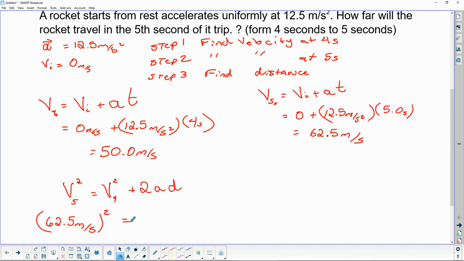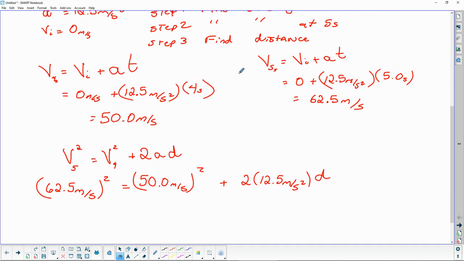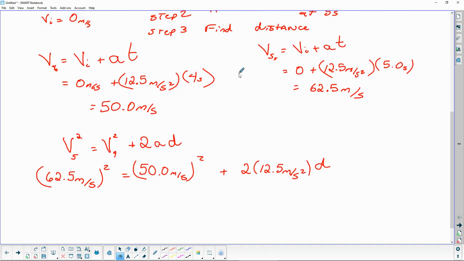The velocity after 4 seconds was only 50 meters a second, and we'll square that. And that's going to give us 2 times the acceleration of 12.5 meters per second squared times d. Okay, so we're going to do some algebra to solve this one.